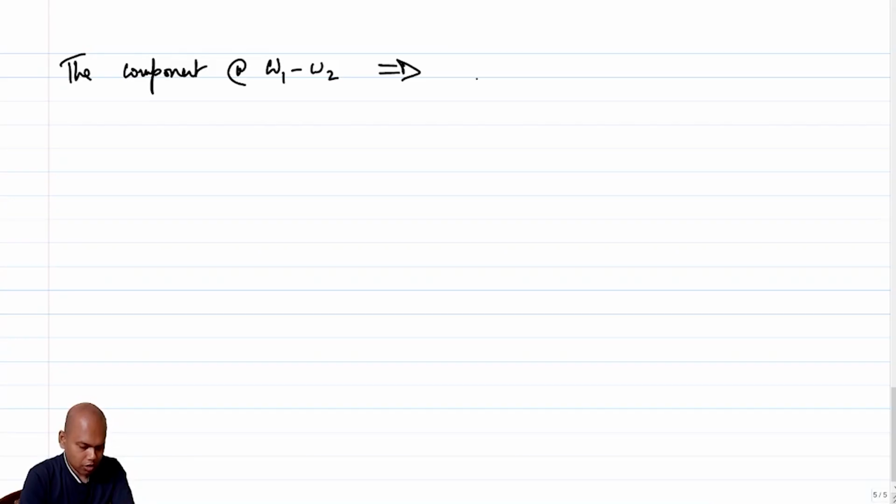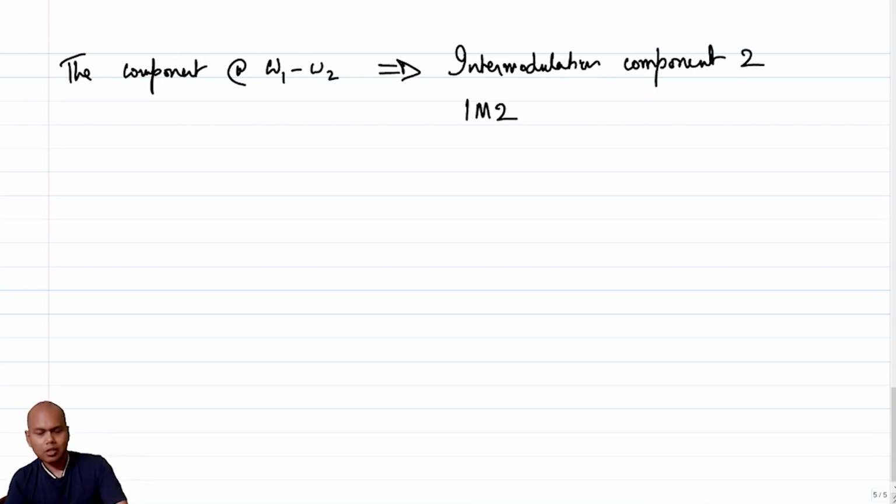So this omega 1 minus omega 2 component is called the intermodulation component 2 or IM2, right?